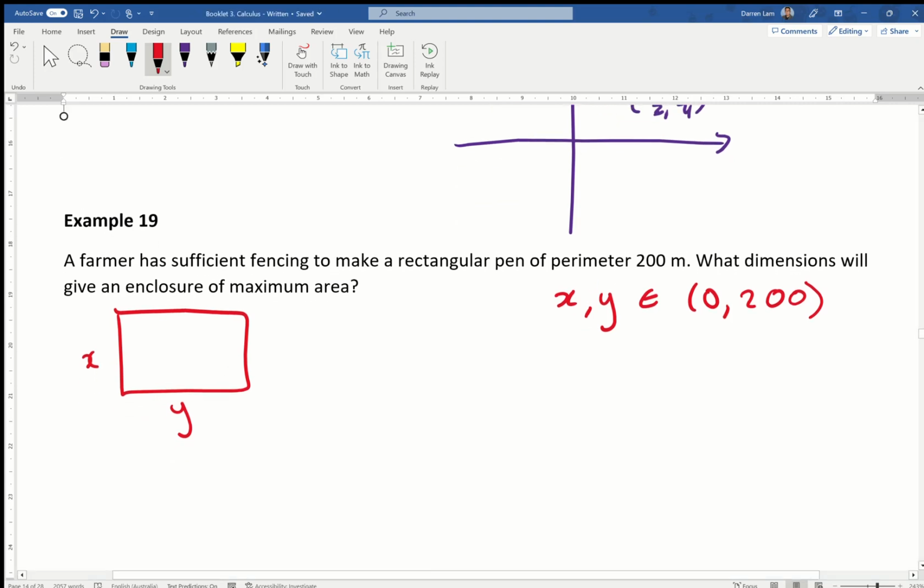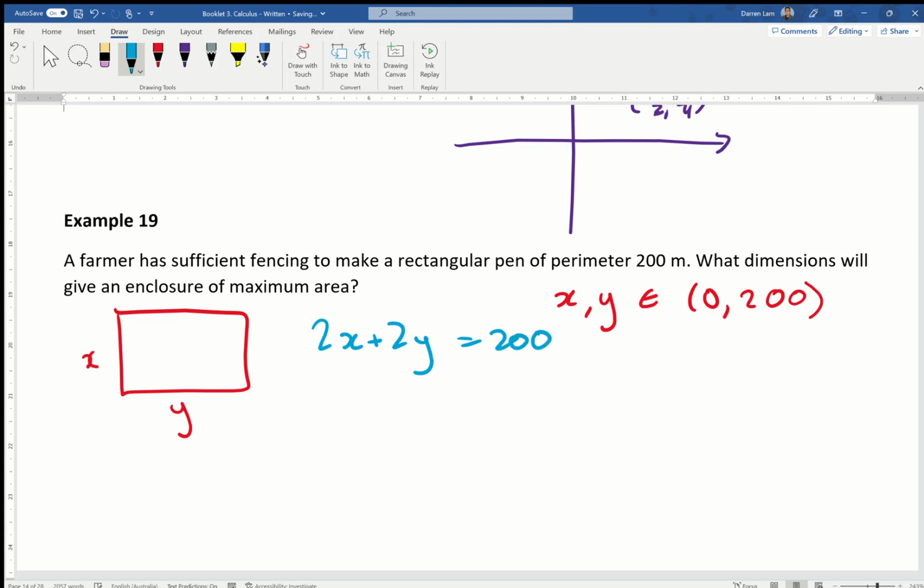So what dimensions give an enclosure of maximum area? First thing is we're given a perimeter formula. I know that 2x plus 2y will equal 200, because it's maximum, so I'm going to use all of the perimeter. Rearranging that, let's just divide by 2 first: x plus y equals 100. So x equals 100 minus y.